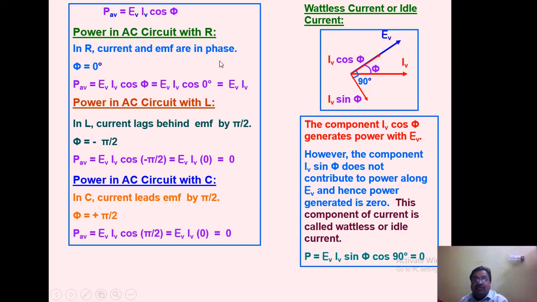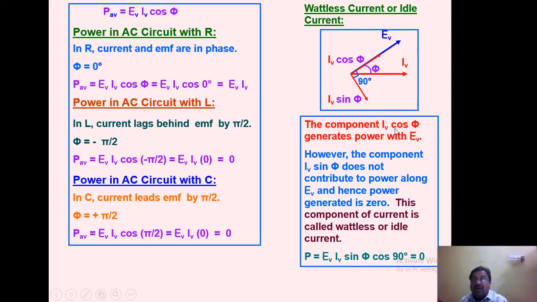But the component IV sin phi is not there in the power expression, so it will not contribute to power along EV. This component of current, IV sin phi, is called the wattless or idle component because it is not contributing to the expression for power. So IV sin phi represents wattless or idle current.